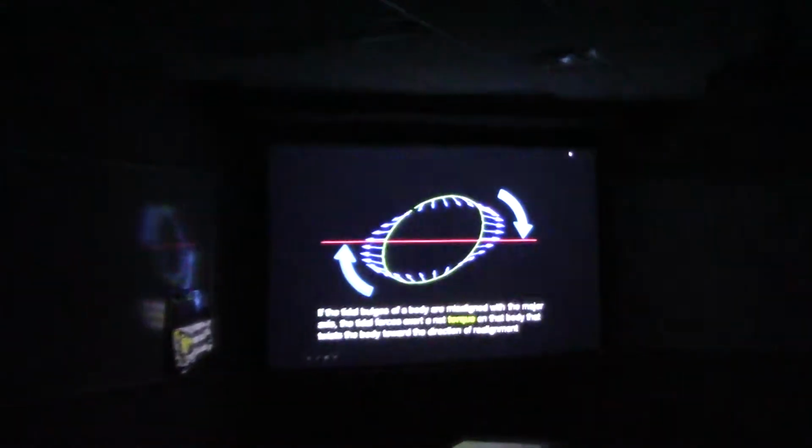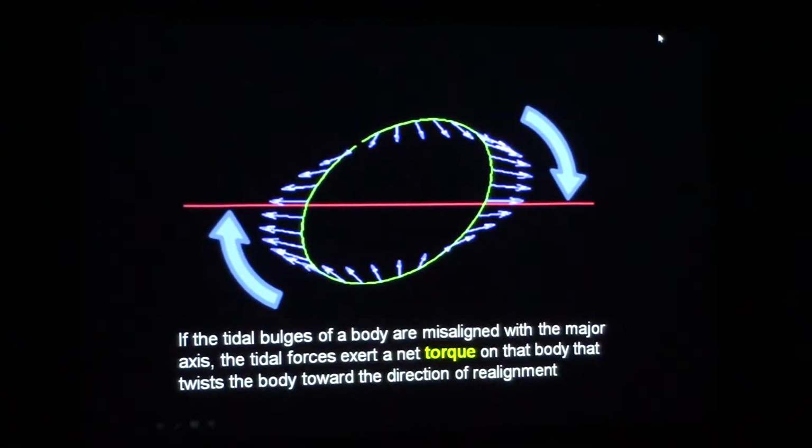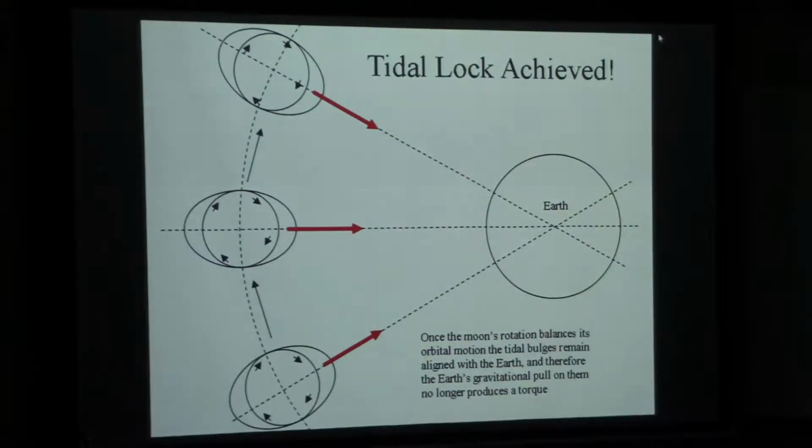When the tidal bulges are misaligned, it essentially creates a handlebar that gravity can grab a hold of and torque it back around. Now, eventually, the torque on the moon, for instance, is over. There is no torque. It's been pulled into an orbit and a rotation where it always keeps one face toward us.